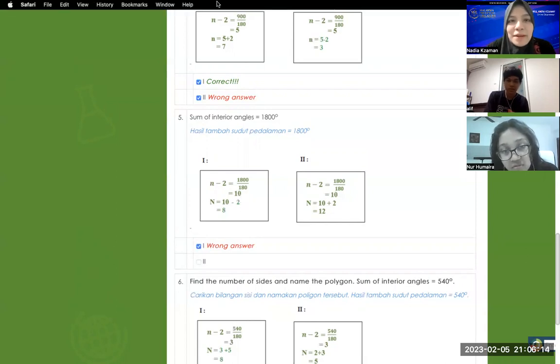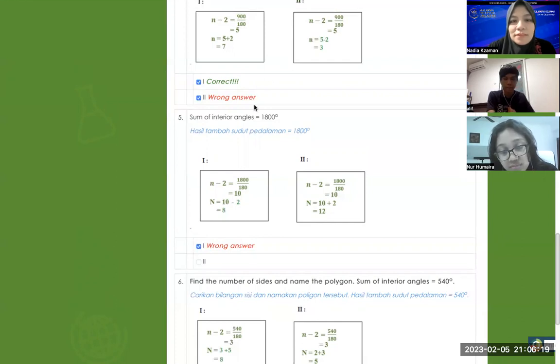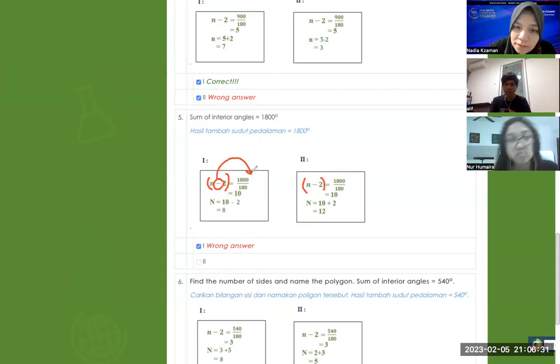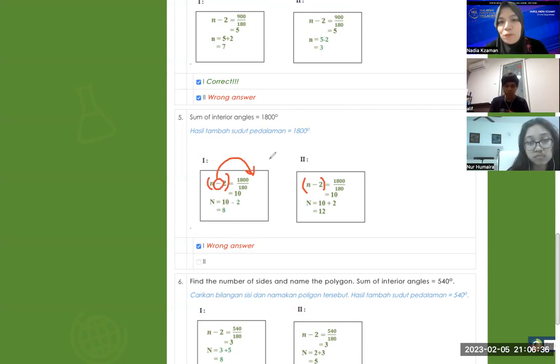Okay, actually it is the same, right? So here n minus 2, here n minus 2. Remember when we move this negative minus to the other side, it will change its nature from negative to positive. That's why number 1 is incorrect. From minus, it becomes positive actually. So 10 plus 2, you get 12.